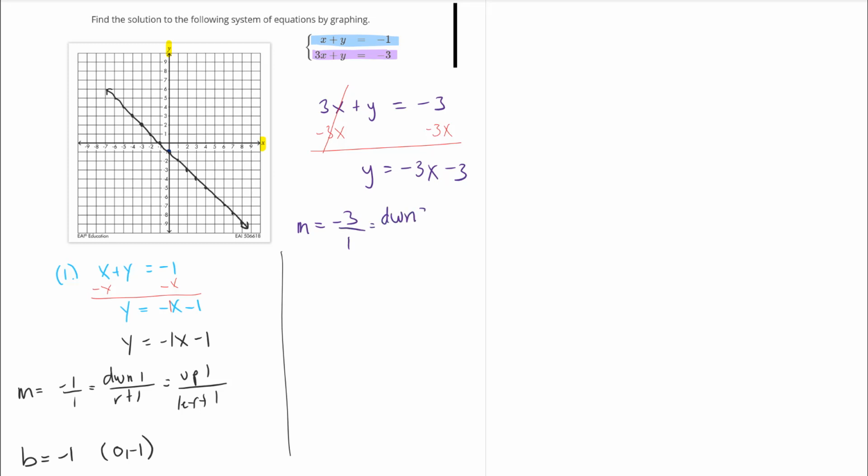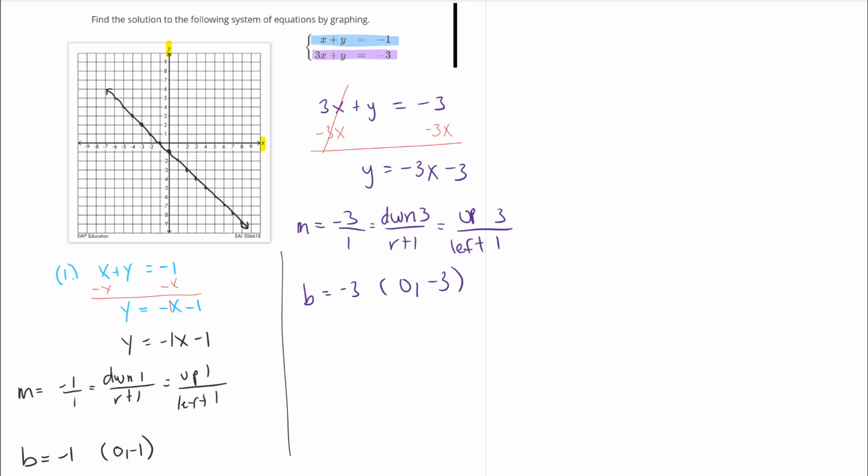So I'm going to go down 3 to the right 1, or I can go left, or I can go up 3, left 1. And my b-intercept is a negative 3, so that would give me a 0, negative 3.